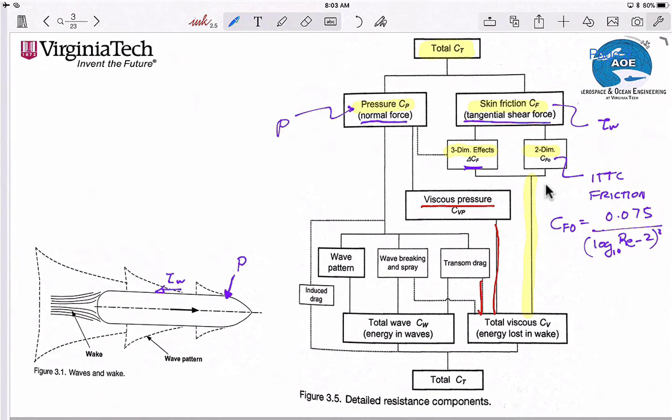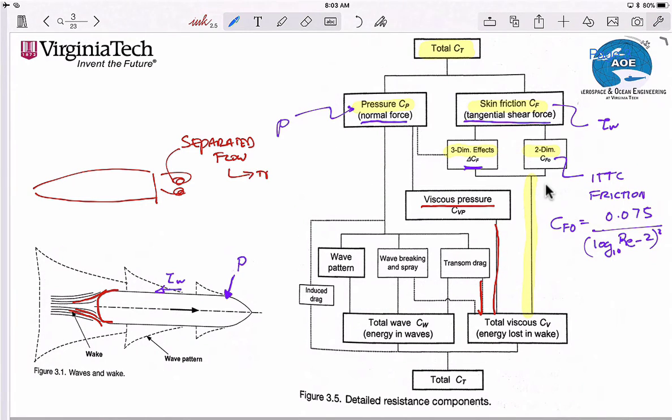There's some component of transom drag due to recirculation, almost like if you had in this region on the ship on the left, you can see it doesn't really show a big separated region. It shows the streamlines coming in smoothly. But you could imagine if you had a surface combatant, you might get some separated flow here. This would be separated flow that would lead to transom drag.